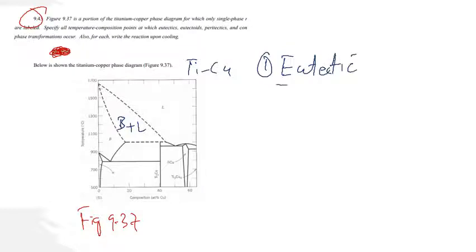I told you already in the chapter that the eutectic is the point at which one liquid converts to two solids.